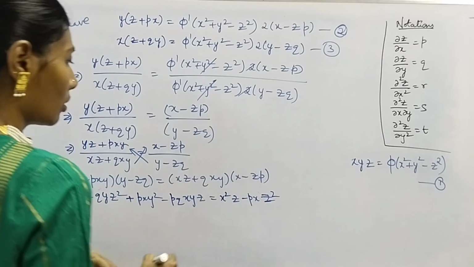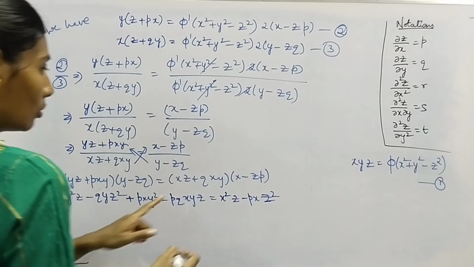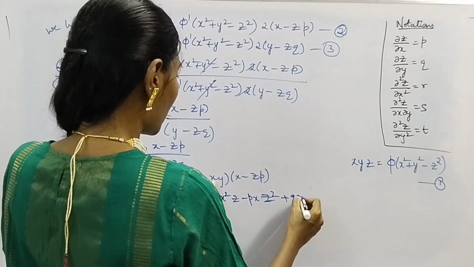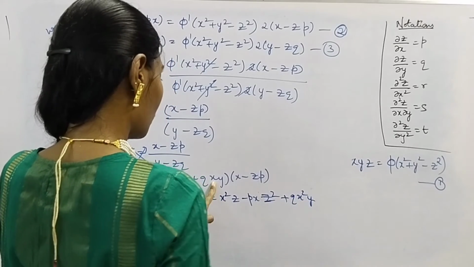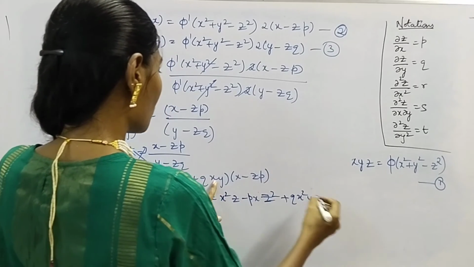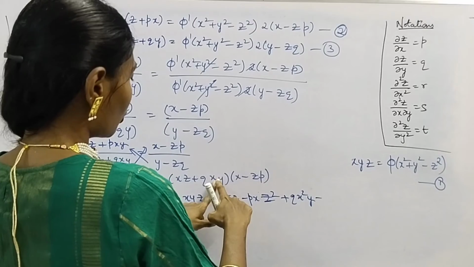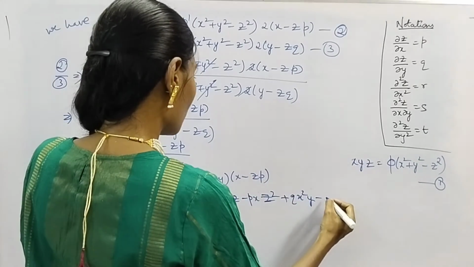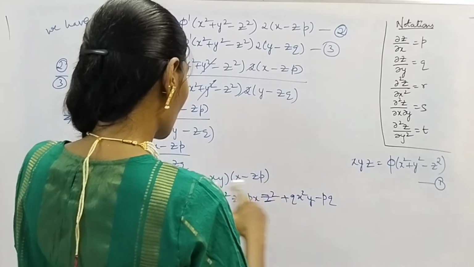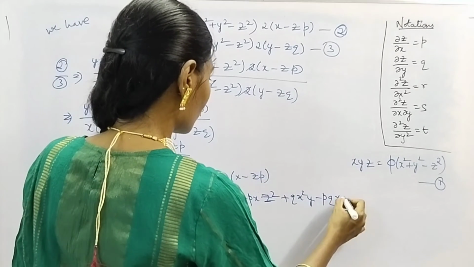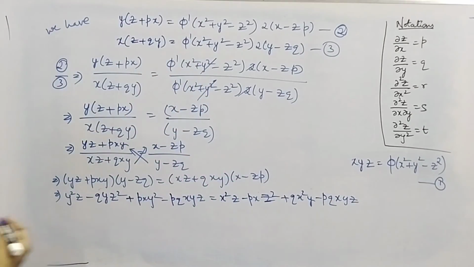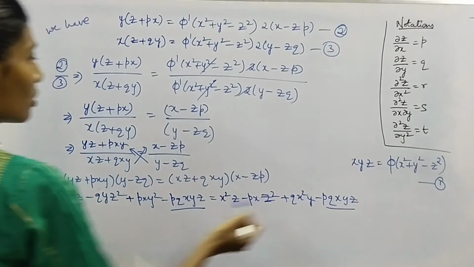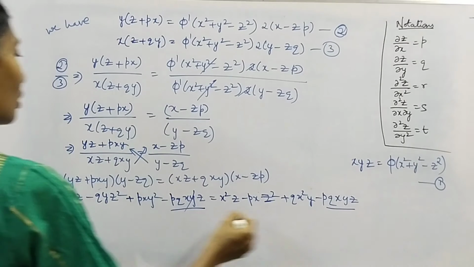Now qxy into x is qx square y, plus into minus minus, qxy into zp gives minus pqxyz. See, this term exists in LHS and RHS, so let's cancel it.